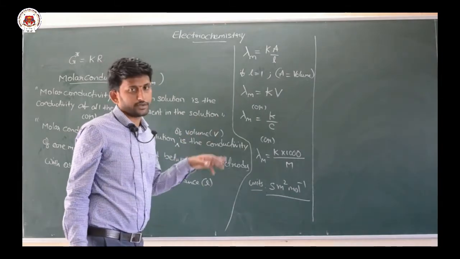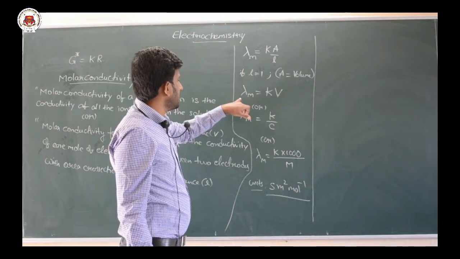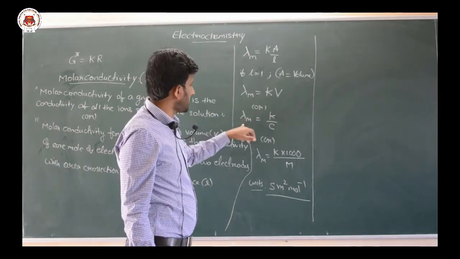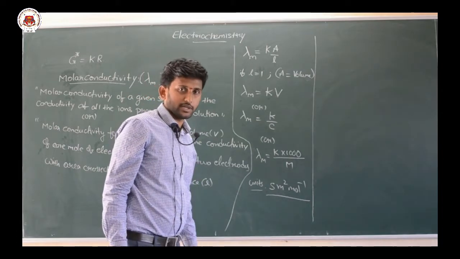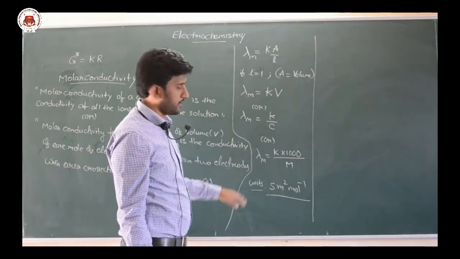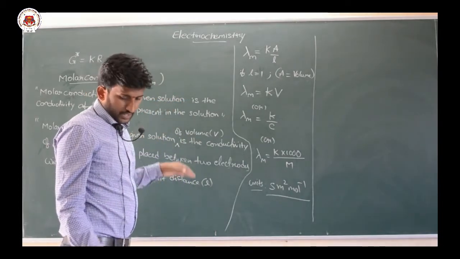So these are the different formulas. Lambda m is equal to K into A by L, lambda m is equal to K V, or lambda m is equal to K by C, or lambda m is equal to K into 1000 by M. These are different formulas for lambda m, molar conductivity.